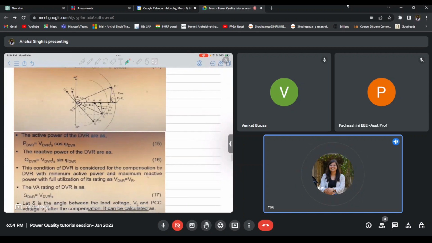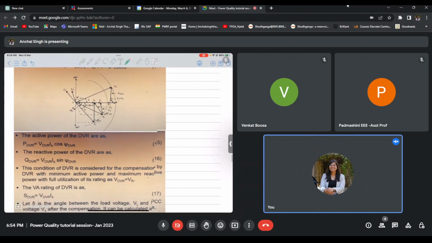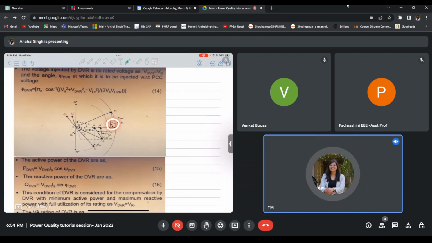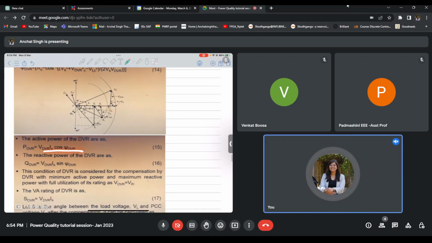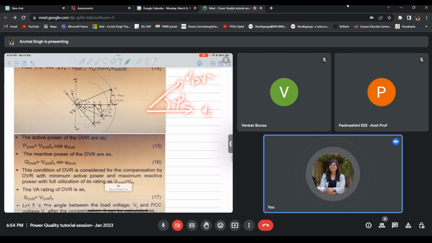Now, since we know the angle psi and we know VDVR, the active power of the DVR is VDVR into IS into cos phi, and the reactive power of the DVR will be VDVR into IS into sin phi. It's just again vector geometry. This is psi, this is VDVR and this is VS. So the active component will be the in-phase component and the reactive component will be the quadrature component.